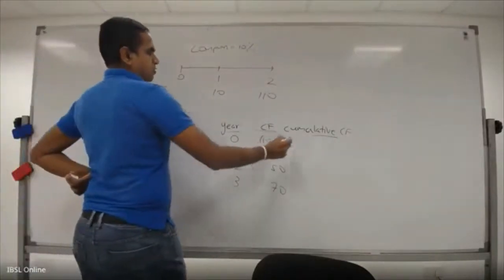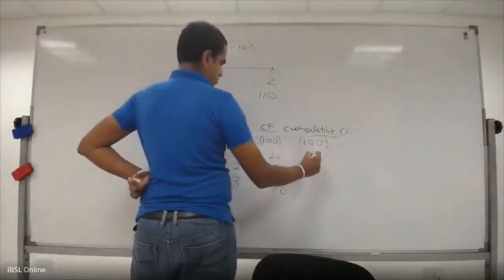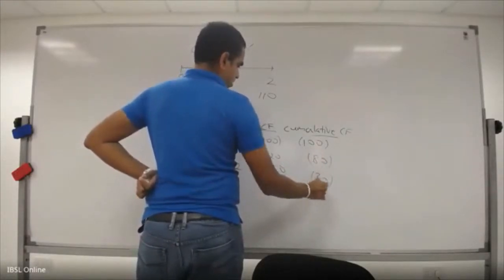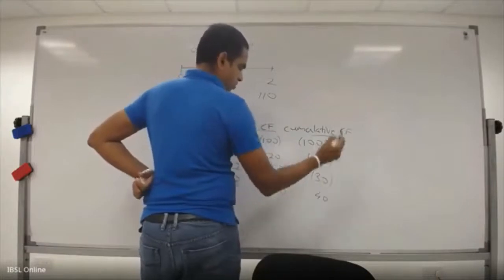Right, so cumulative cash flows are minus 100, minus 80, minus 30, and 40.